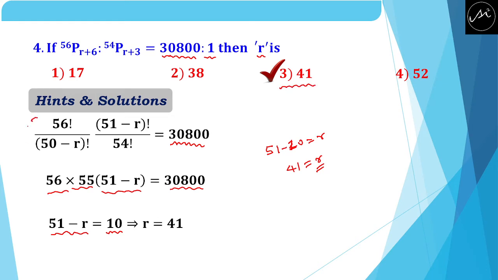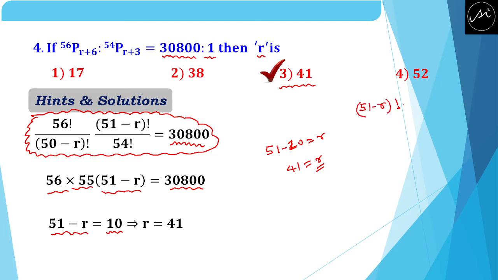Clear? While solving this particular step, you have to be very careful. Use the factorials correctly. Once you use the factorials correctly, then you are going to write the correct answer. Here (51 minus r) factorial can be written as (50 minus r) factorial into (51 minus r). In the same way, 56 factorial can be written as 56 into 55 into 54 factorial.